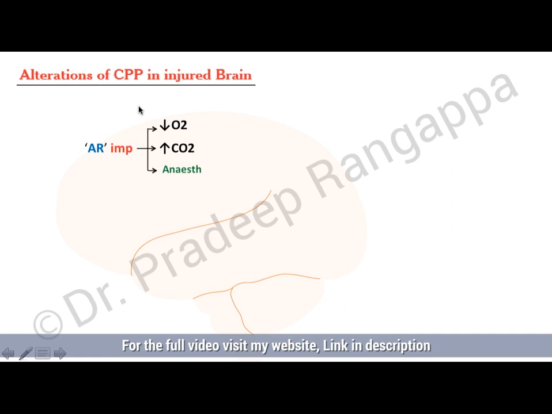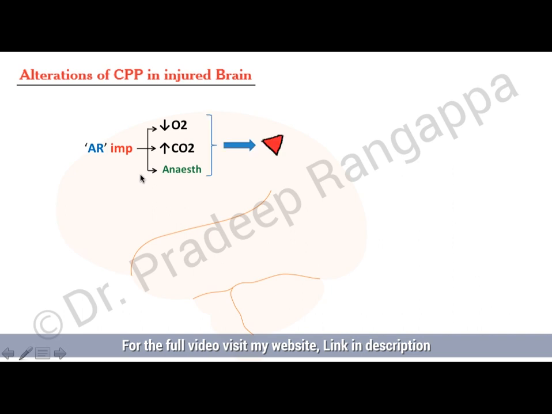Since we have spoken about autoregulation in the brain, we need to understand what problems will affect it. This autoregulation, which I said is very important and determines cerebral blood flow, is impaired in the setting of hypoxemia, hypercapnia and anesthetic agents.